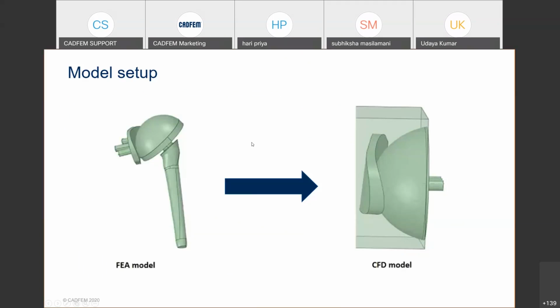In this problem, we are considering the right side, and here we are creating a fluid region, the one that you see as a box. The box region is the synovial cavity where we are modeling the synovial fluid, so that we model both structure and fluid, and do the simulation at the same time to see how they interact.